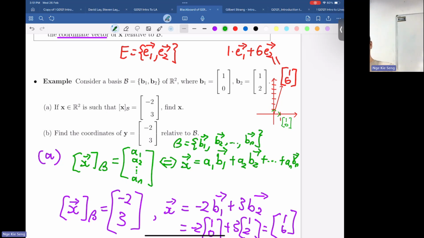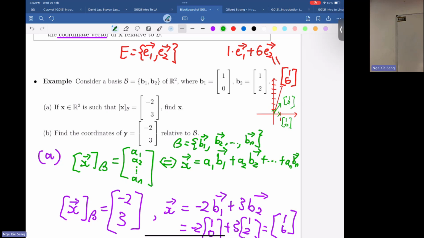Where's 1, 2? 1, 2 is around here. So the y-axis vector you took becomes this 1, 2 already. Does it make sense?